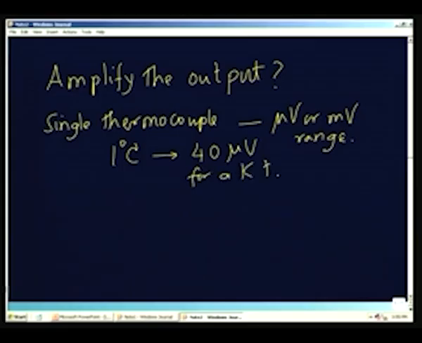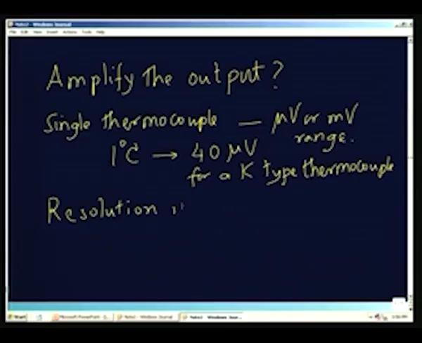In fact, K type thermocouple is one of the most sensitive, and even that provides only about 40 microvolts. Other thermocouples will provide less than this. So, if you use a single thermocouple, resolution is going to suffer. Resolution is poor. Or another way of saying that is that I must have a very sensitive voltmeter to measure small temperature differences.